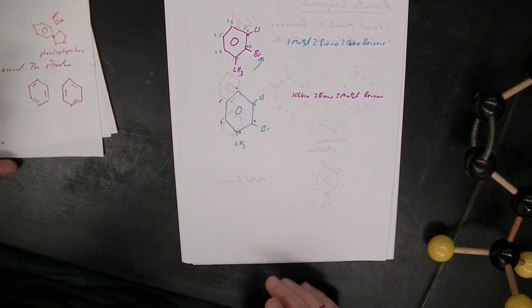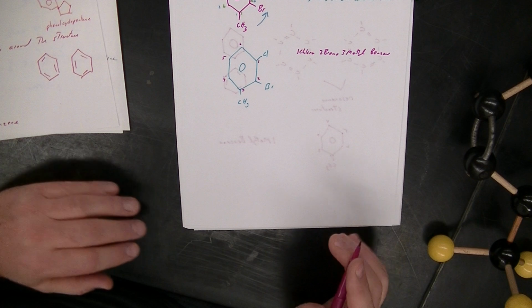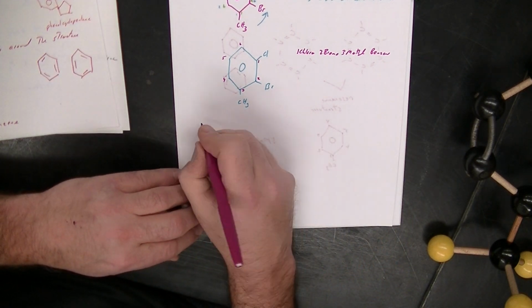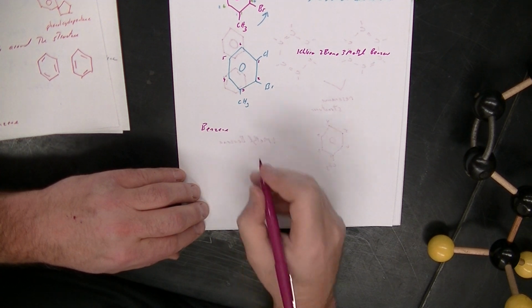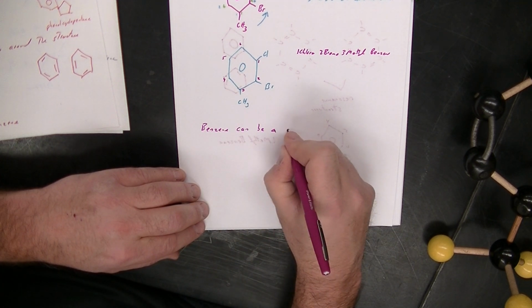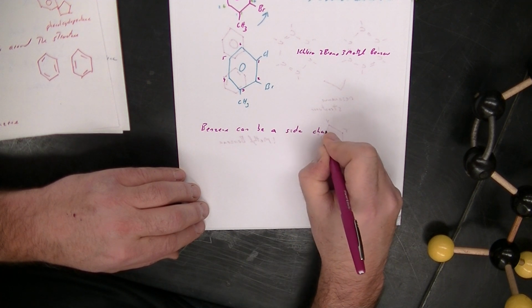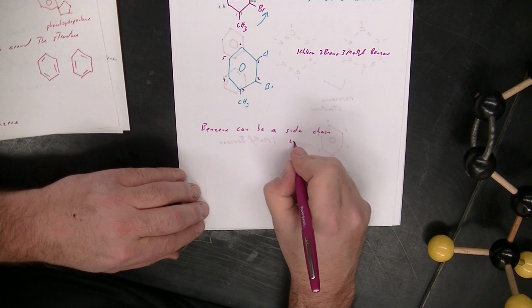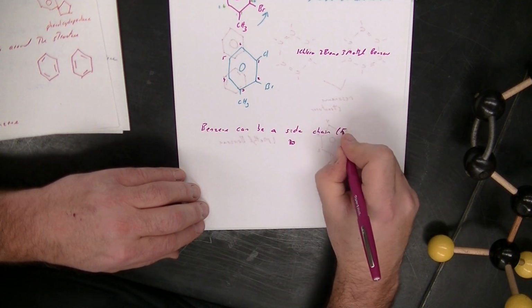Now, actually, benzene can be a side chain. It's really not a side chain, but it can come off and be a functional group.